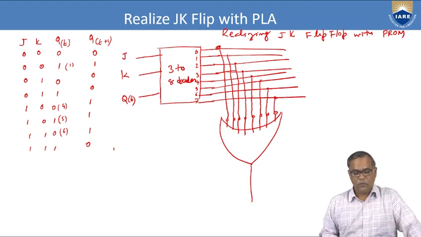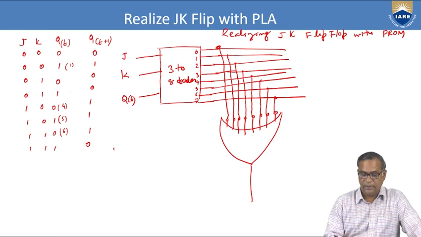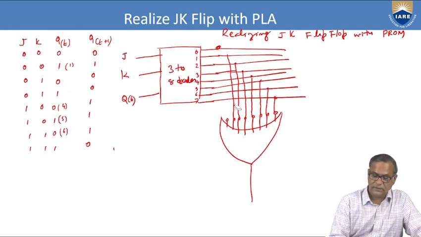So all the 8 outputs from the decoder are connected to the OR gate, and there are fusible links.